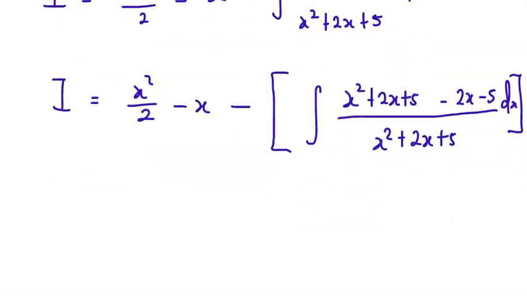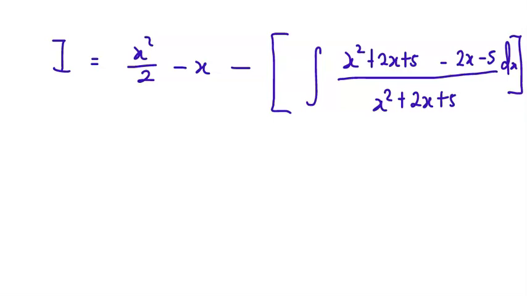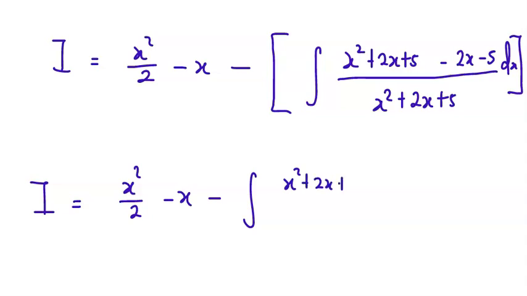Okay, cool. Now splitting the denominator again, with the negative sign outside, so everything is changing. So x squared minus x, then minus the integral of x squared plus 2x plus 5 divided by x squared plus 2x plus 5 dx.